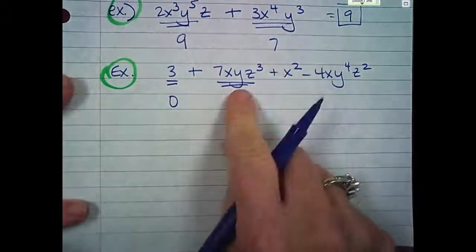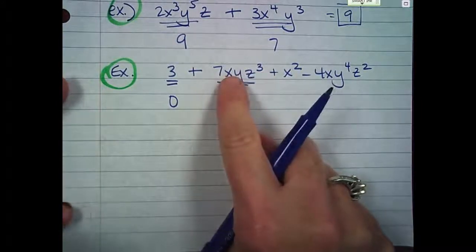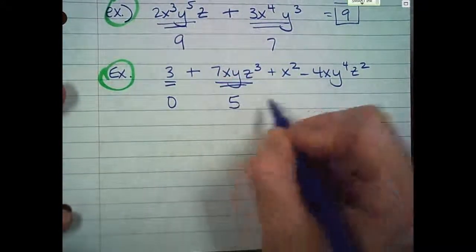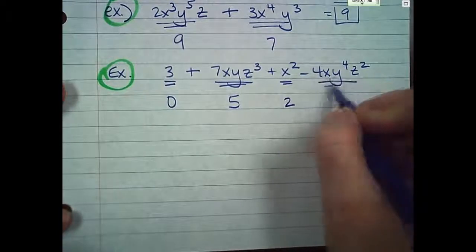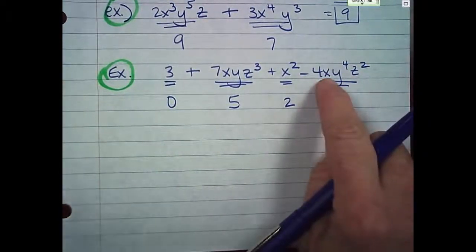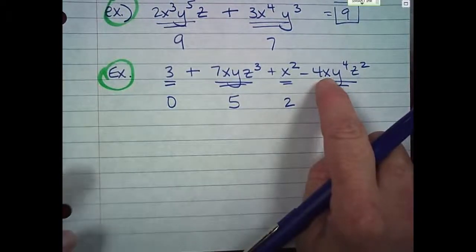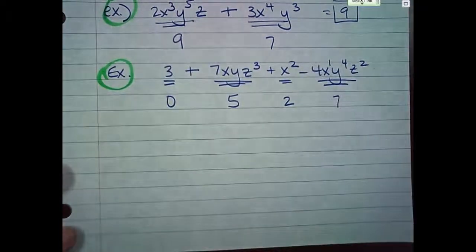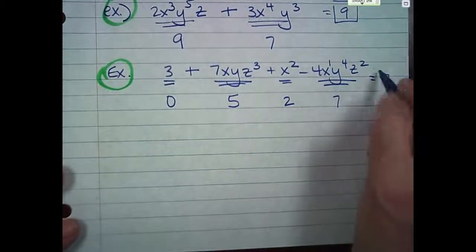What's my degree here? 3, 1, and 1 make 5. 2, 4, 5, 6, 7. Don't forget that even though there's not a number, what's actually there? A 1. So what's the degree of this polynomial? 7. Okay. You don't add them up.